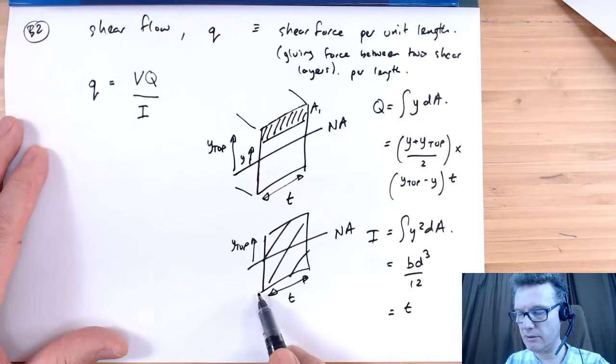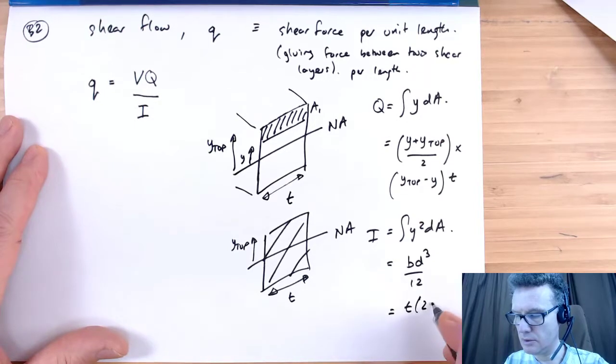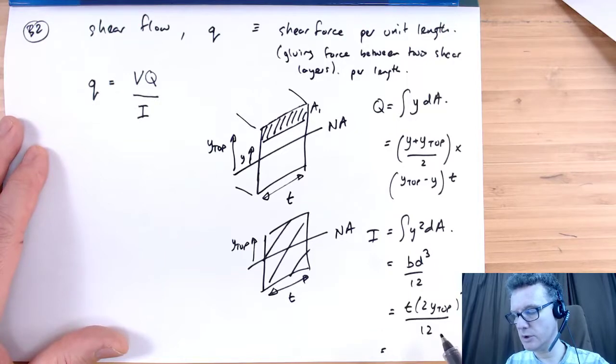What's the depth? In my case, 2 y top, cubed, over 12. So that becomes 8 over 12, which is divided by 4, 2 over 3.